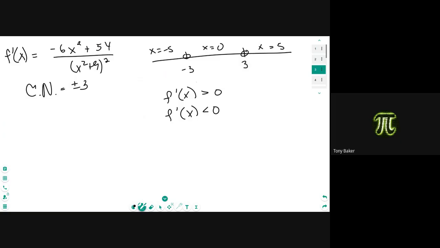So now we're going to look at the top. If I plug in -5, 25 times -6 is -150 plus 54. That's going to be negative.